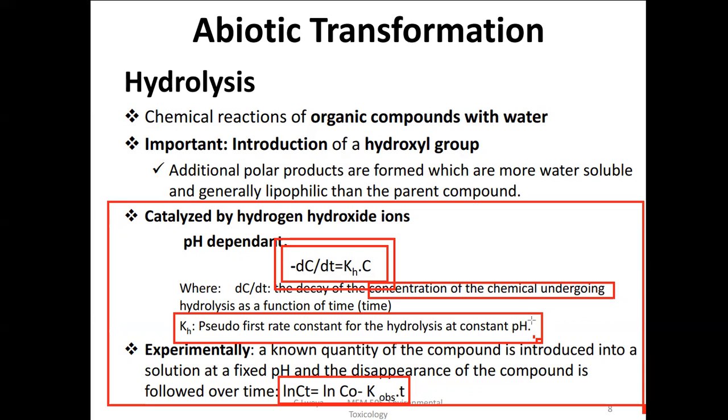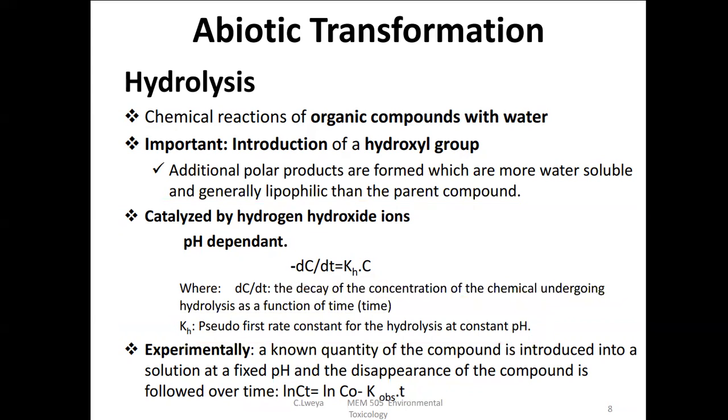And at the end of the day, the product that we're going to form is going to be a less toxic metabolite. But provided that that substance is soluble in water, because if it is insoluble, we will reach a point from the biotic side, which is bioaccumulation and biomagnification and all that. But this compound has to be soluble in water.